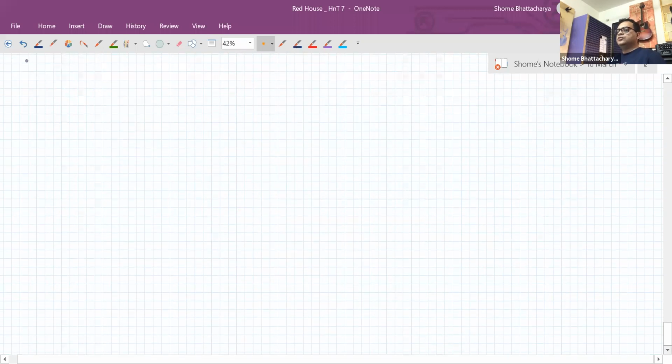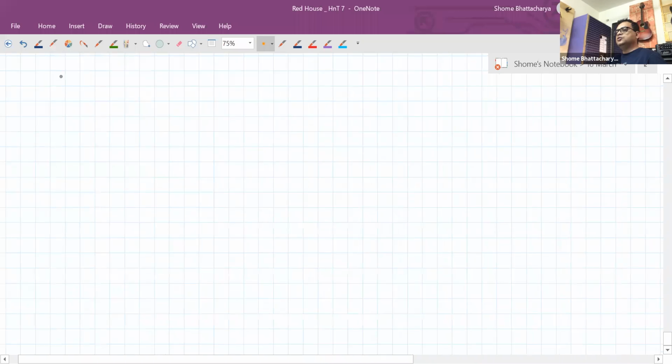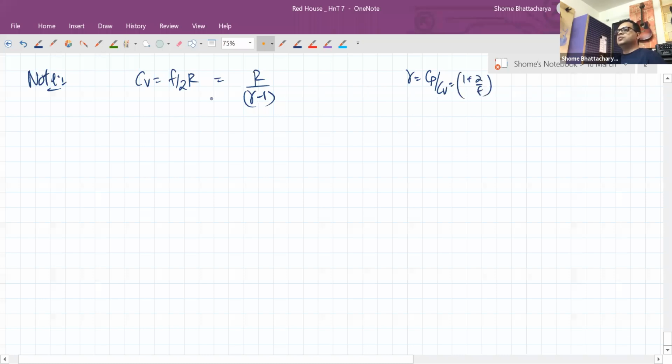Now just a few additional relations that you should keep in mind. Cv, which we write as F/2 R, can also be written as R upon gamma minus 1. The inverse of this becomes Cp, which is (F/2 + 1)R, equal to gamma R upon gamma minus 1.